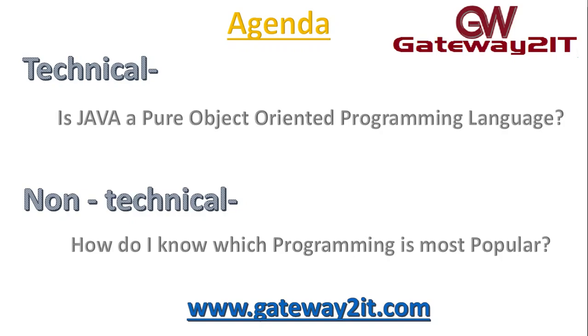Because during my classes, I found that mostly students have some confusion on this topic, and somewhere in the books it is also written that Java is a pure object-oriented programming language. So I thought, let's have a discussion.